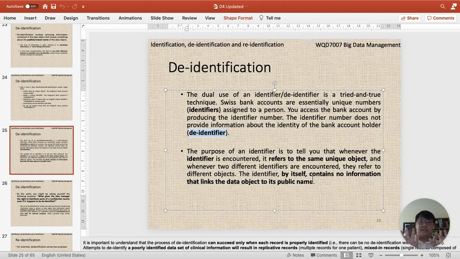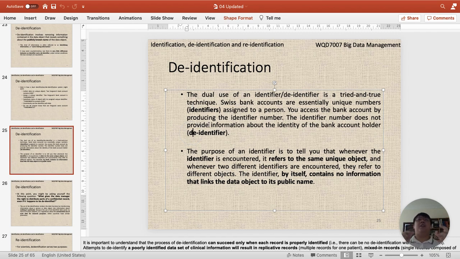The main thing over here is like this. But you might question that just now we said we only have one identifier to one object, and right now it looks like you have two identifiers for one object. You need to know that from the system point of view, only the identifier or the de-identifier is working. You only choose one to work.